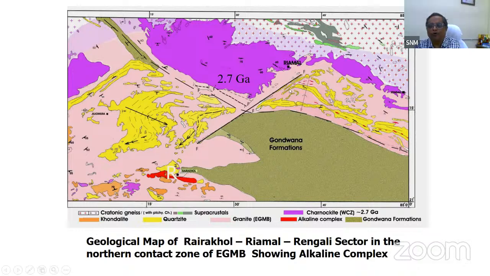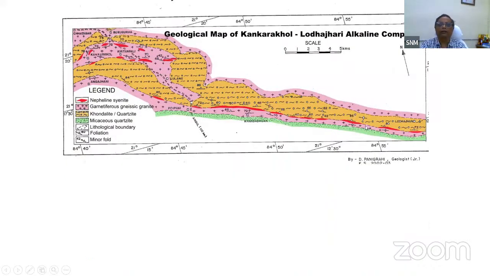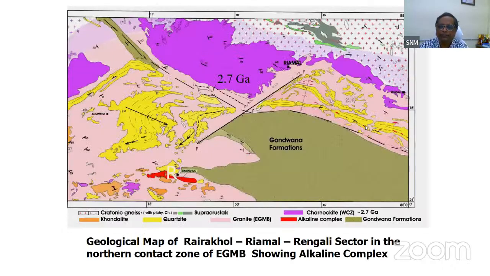There are several small bodies of alkaline rocks that have been reported from this sector, the Kokodakol and Lodhadri sector. So these bodies are very.